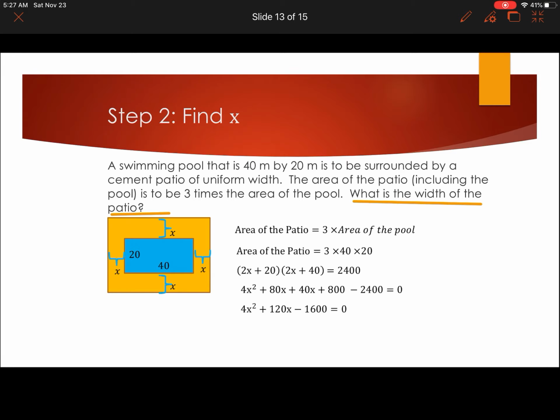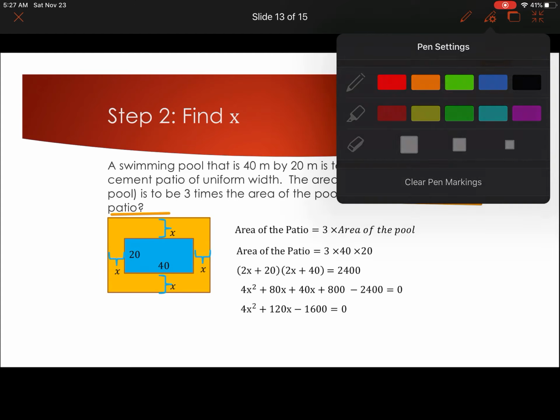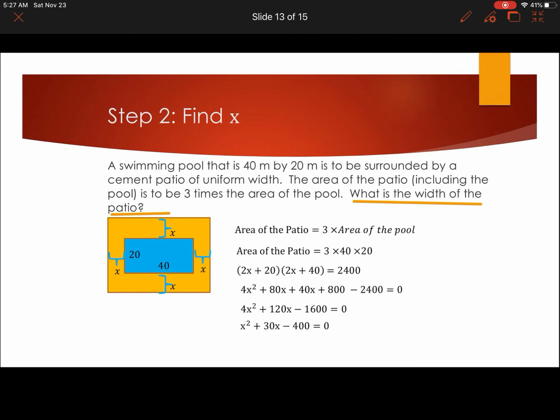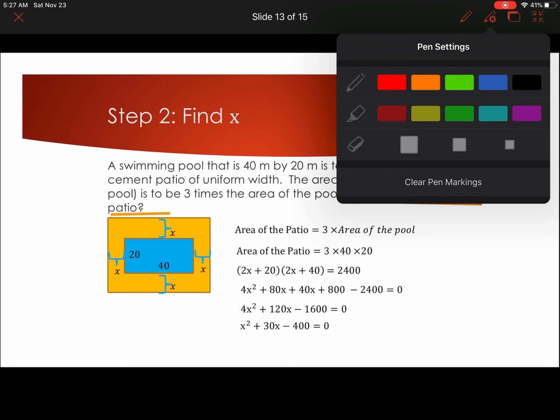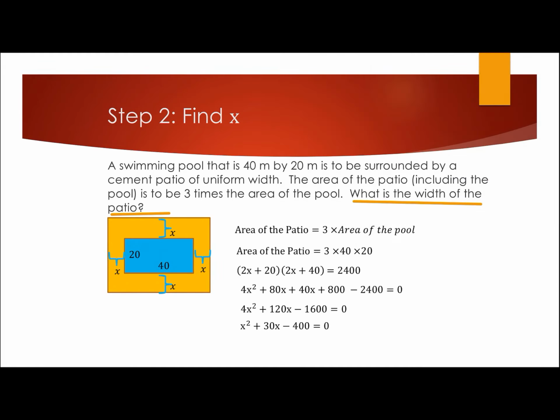Now we can factor out the 4. We divide both sides by 4. 0 divided by 4 is 0. 4 divided by 4 is 1. 120 divided by 4 is 30. And 1600 divided by 4 is 400.